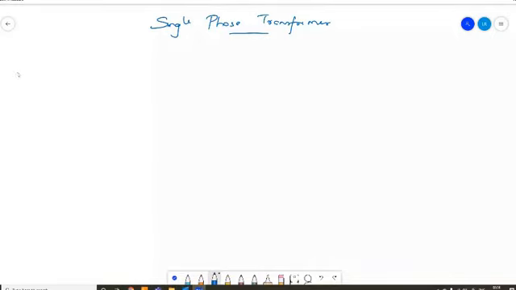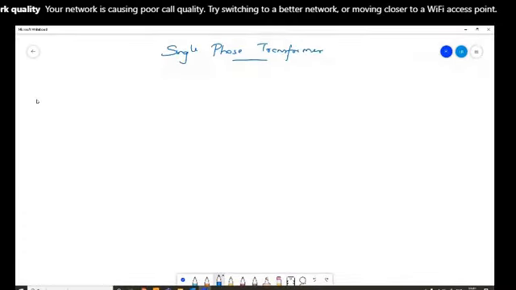Single phase transformer. So this single phase transformer works under the principle of electromagnetic induction. To be more specific, it works under the principle of mutual induction.